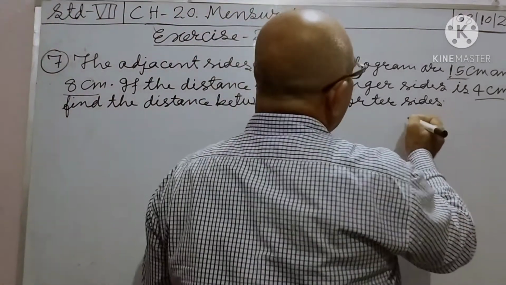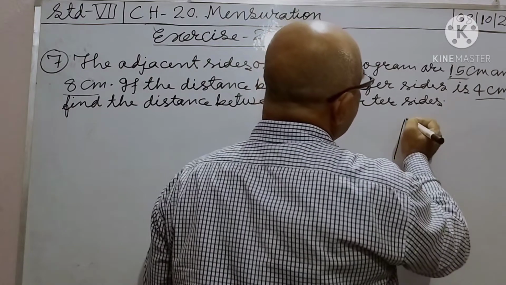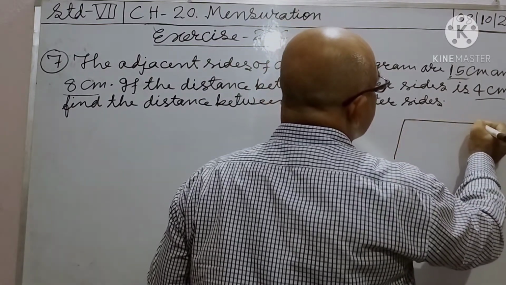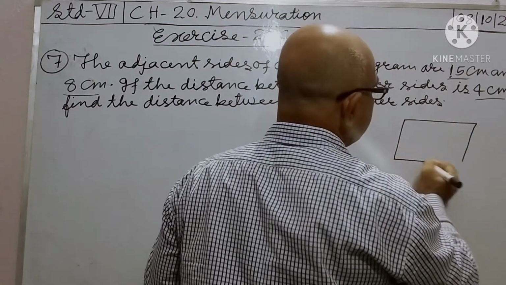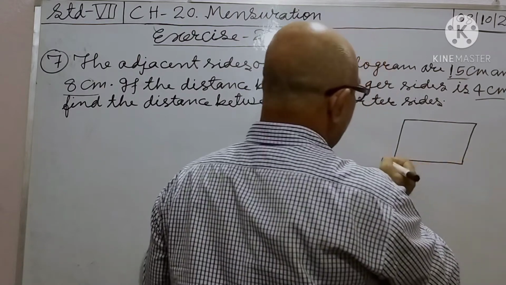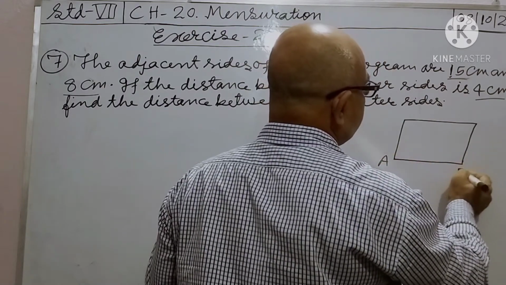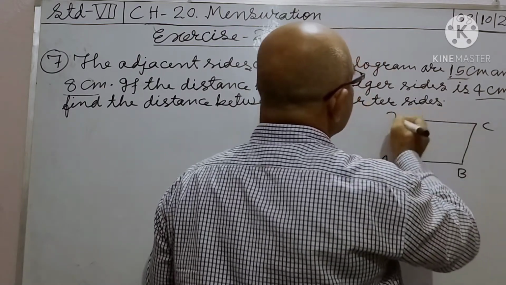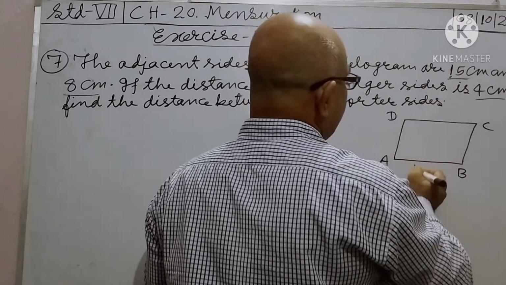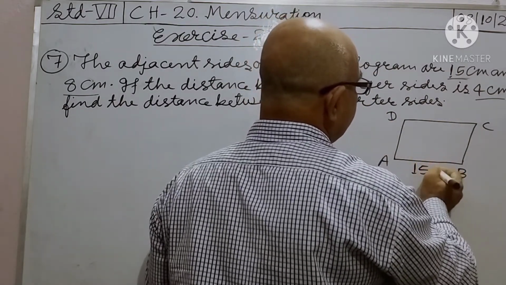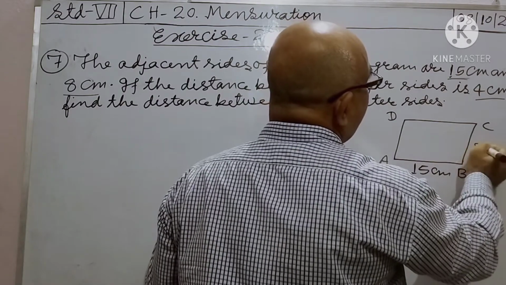I draw a parallelogram ABCD. Adjacent sides are 15 cm and 8 cm.